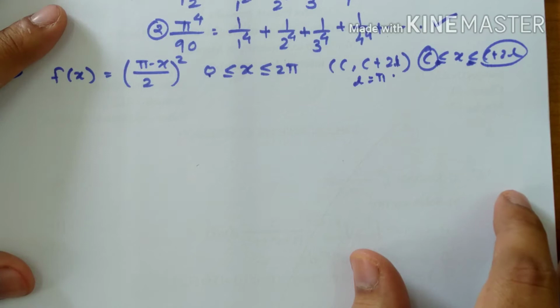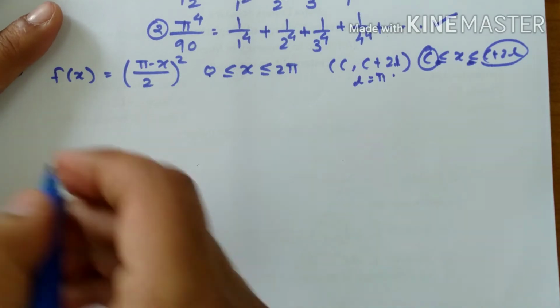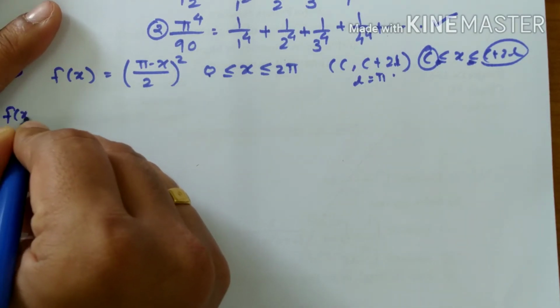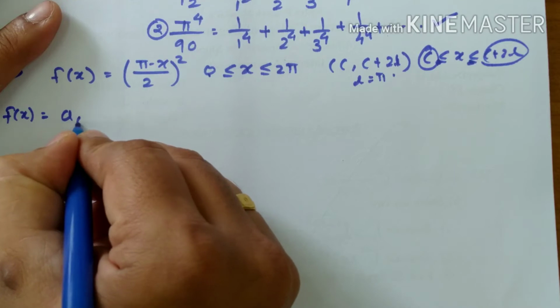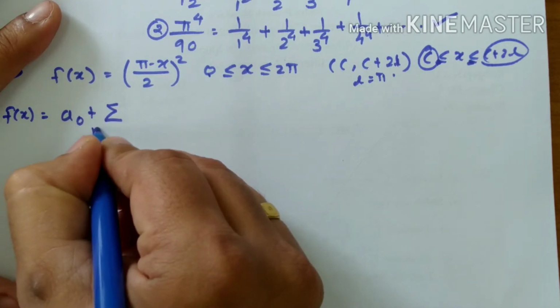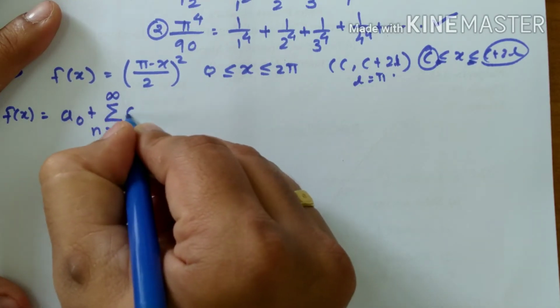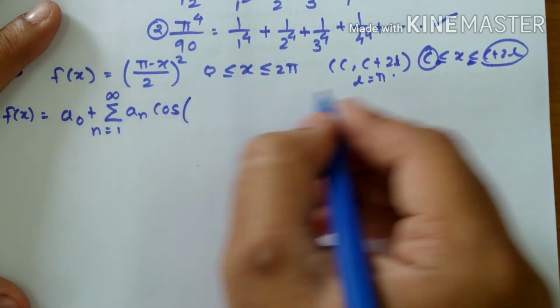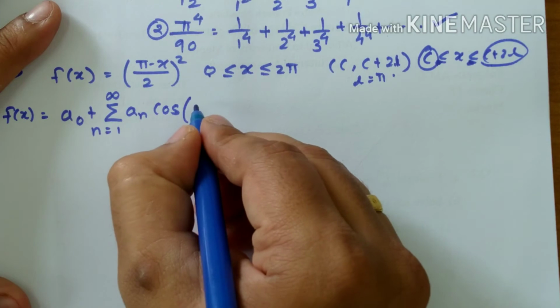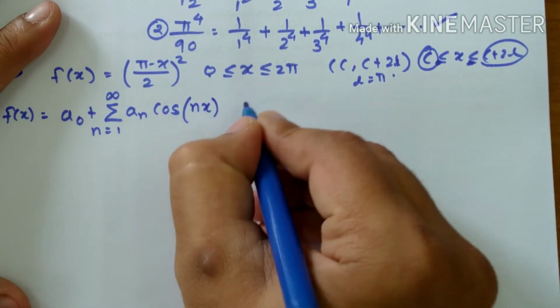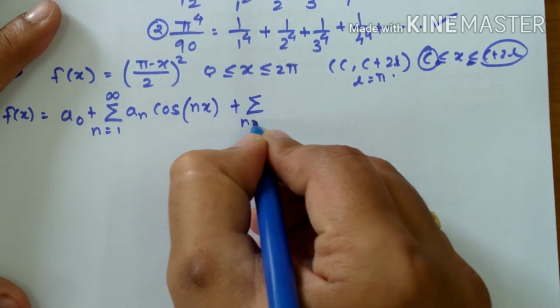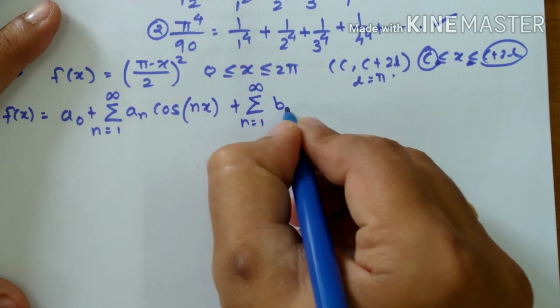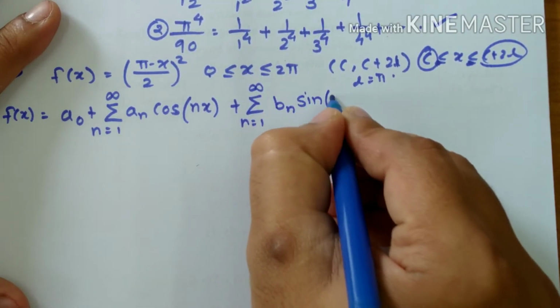As we discussed in the previous lectures, the generalized Fourier series expansion can be reduced to f of x is equal to a naught plus summation n runs from 1 to infinity an cos n pi x upon L, but here the value of L is pi, so hence we get only cos nx, plus summation n runs from 1 to infinity bn sin nx.